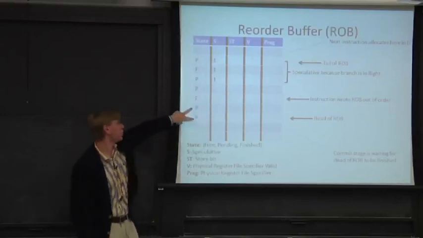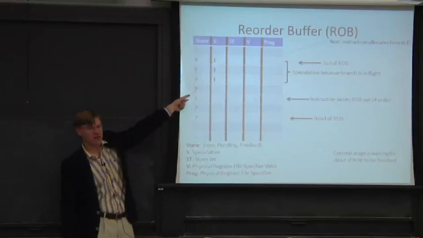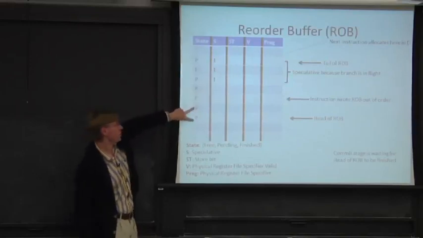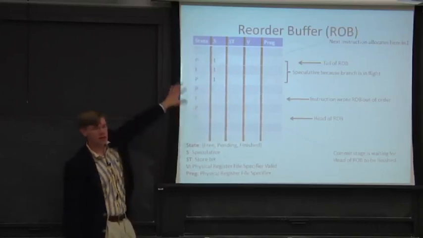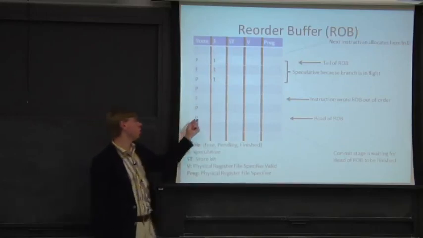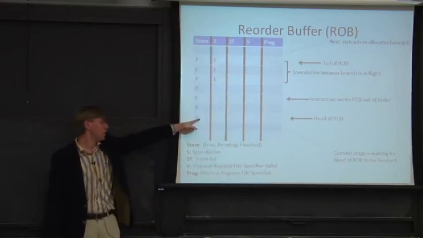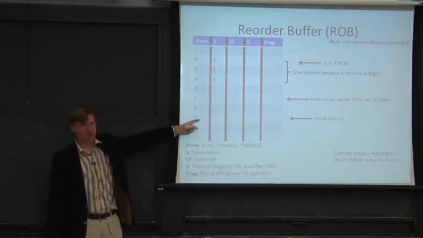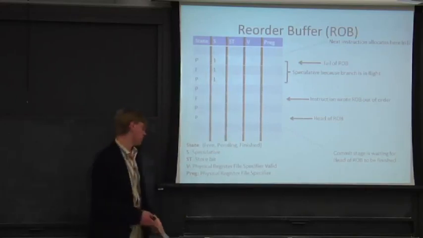Let's say these are two multiplies, and this is an add. So this add is already done. These two instructions, which are long latency instructions, are still pending in the pipe. In this cycle, we cannot commit anything. We only commit instructions when the oldest instruction becomes finished. That's when we can commit and remove something from the reorder buffer.